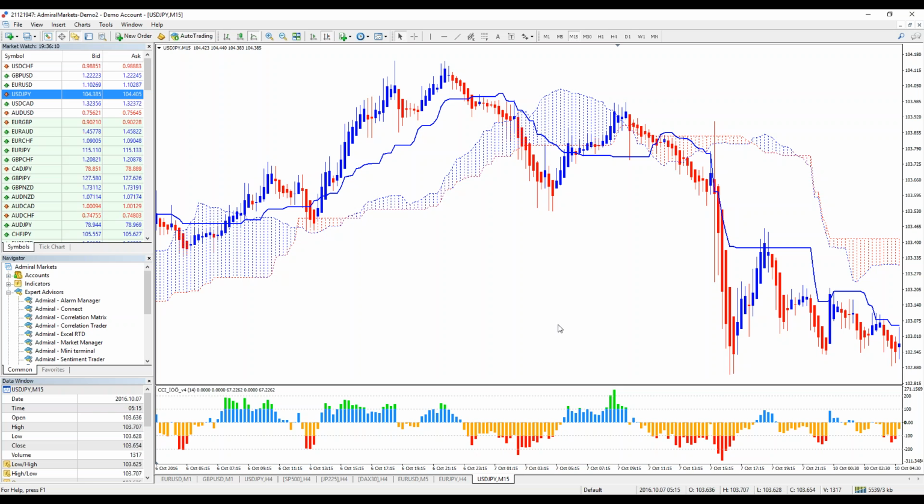So the rules for long entries are blue cloud line. This is easiest for us. I mean, for Westerners, it's always easier to use words like cloud and line than Kijun or Chikou, right? So blue cloud above red should be for long trades. Price should be above the blue line.